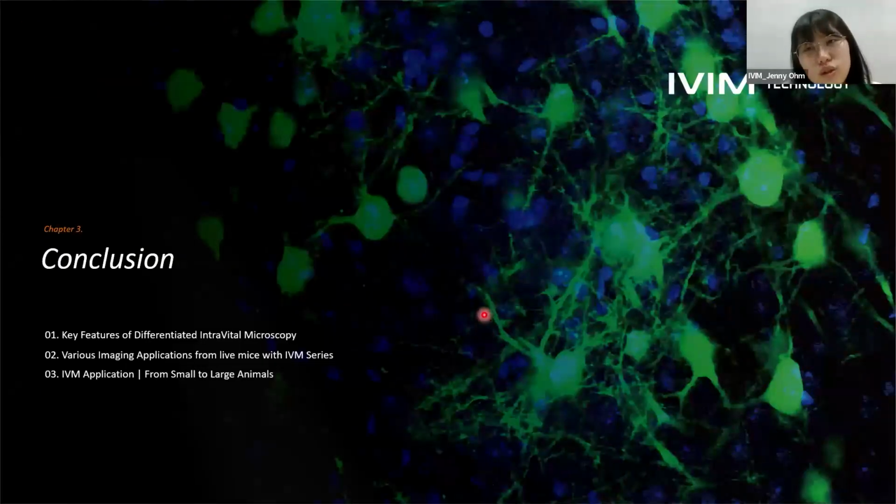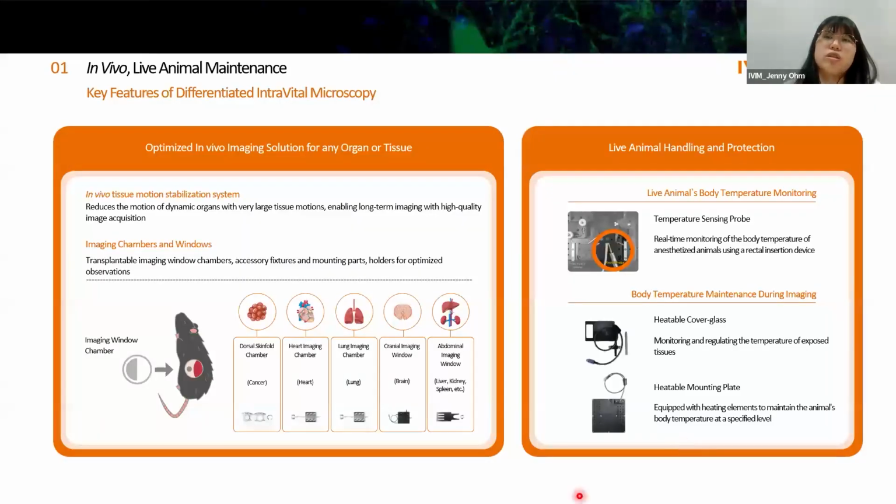And so to conclude today's webinar, I'd like to highlight some main takeaways from today's presentation. So as mentioned earlier, intravital microscopy, or again, IVM, has transformed biomedical research by allowing real-time, high-resolution imaging of cellular activity in live animals.